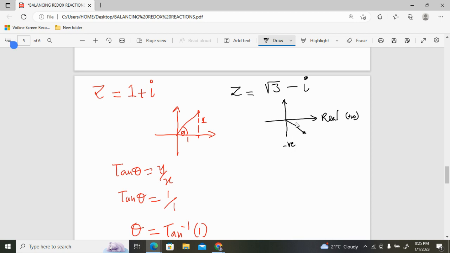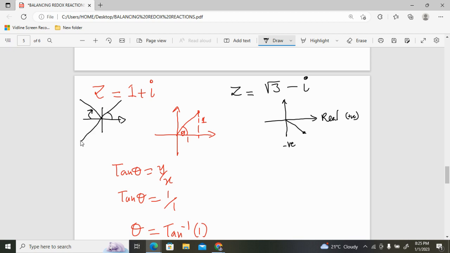Whenever you are finding angles, you are always going to find the angle related to the positive x-axis. If this is your Cartesian plane and you have a complex number in this quadrant, doing the tan inverse gives you this angle, which is always related to the x-axis, not this one.